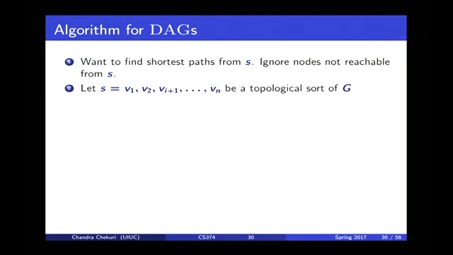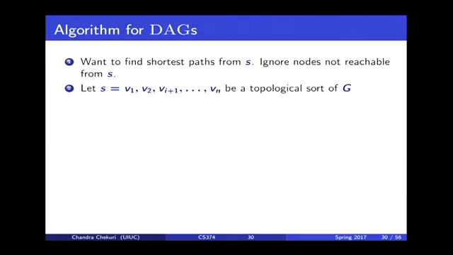Now I want to find the shortest path from S to everybody. How can I find that? Well, what do we know about any vertex in the middle of the topological sort? Can the shortest paths from V1 to Vi depend on V(i+1) to the other guys? No, because paths can only go from left to right.